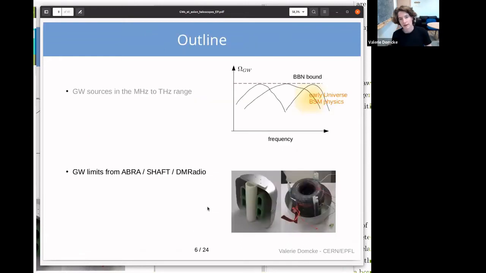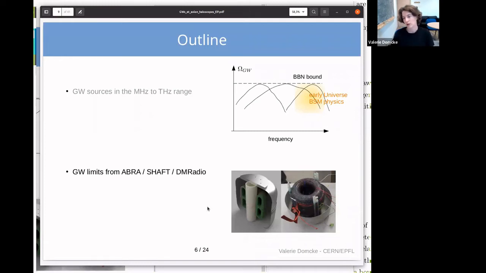Okay, so that was just for the motivation, just to tell you that there is some somewhat reasonable physics, right, that we can be looking for at these high frequencies. But now, how do we go about actually looking for gravitational waves at these high frequencies?